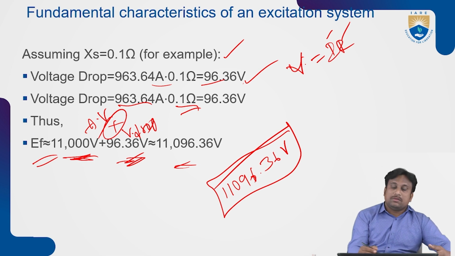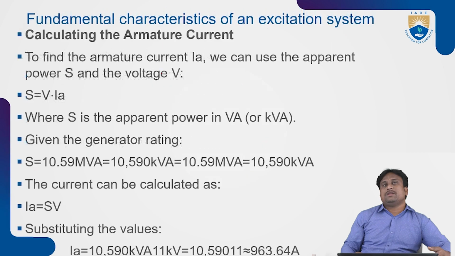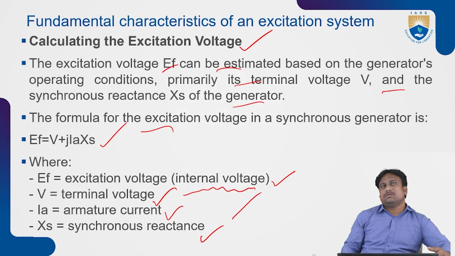system. So this way makes the system parameters most suitable to undergo the system condition. If you abruptly change the system parameters from the initial values, the relation EF equals V plus jIA XS may change. So instead, you need to maintain the armature current and terminal voltage as constant.